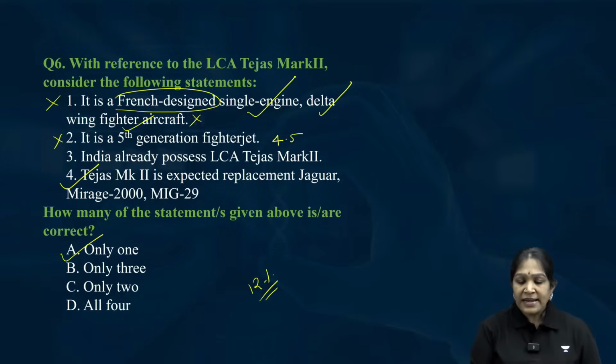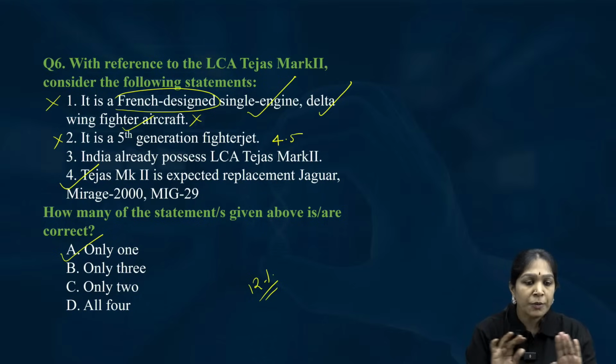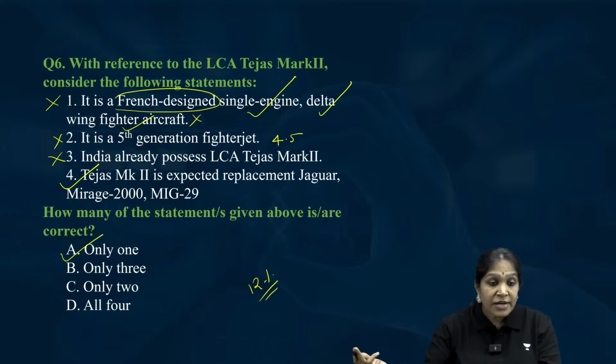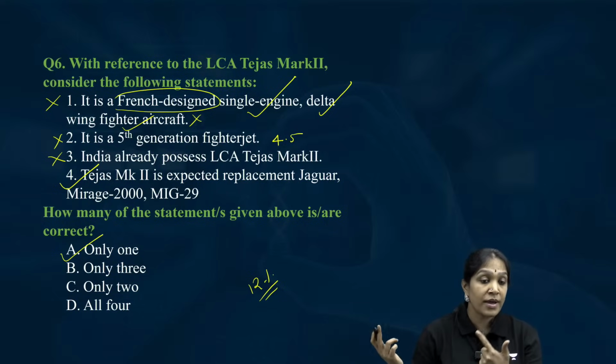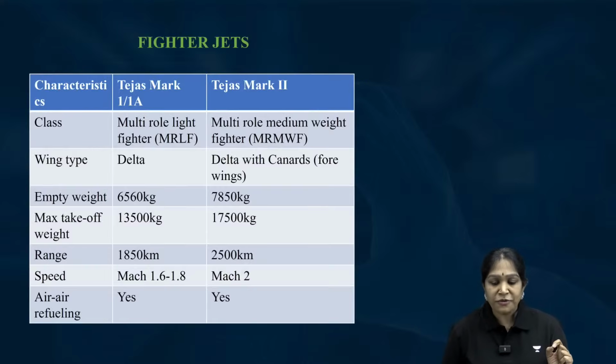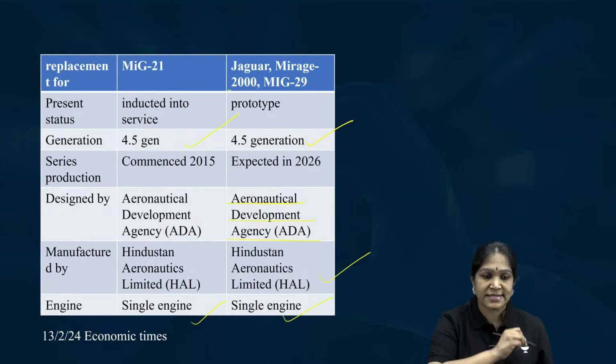Then, India already possesses Tejas Mark II? No, India does not possess Tejas Mark II. We are going to manufacture them in the future. Is it clear? And why are we manufacturing Tejas Mark II? To replace these fighter jets.